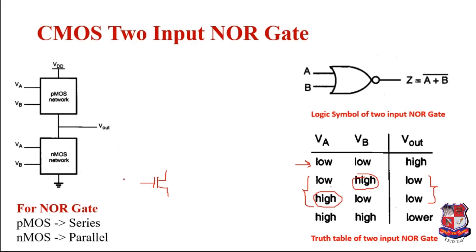This is, let's say, VA, and another transistor we have is VB. Both transistors are in parallel.